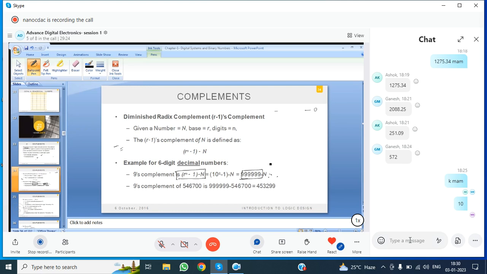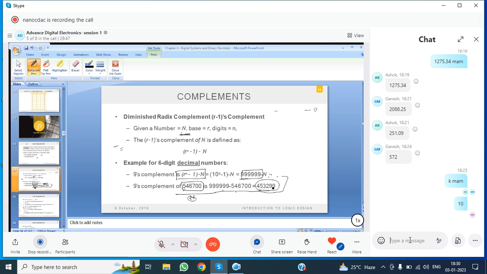This N is any number. Let us suppose N is equal to 546700. So the diminished radix complement can be given as 999999 minus 546700.